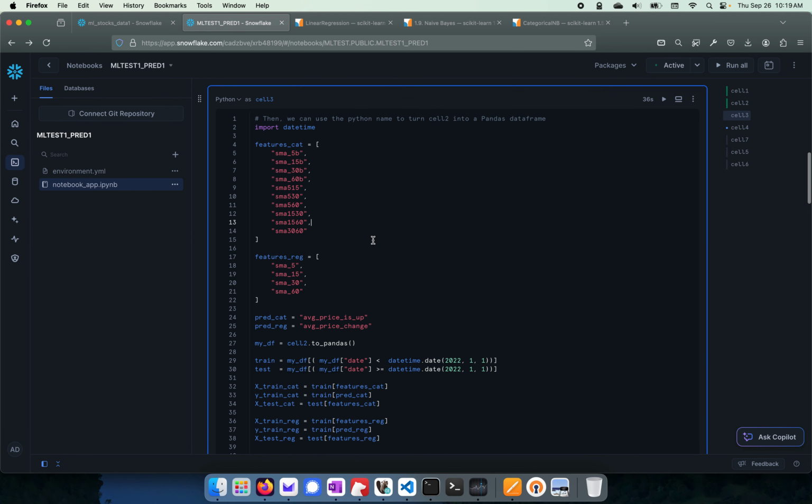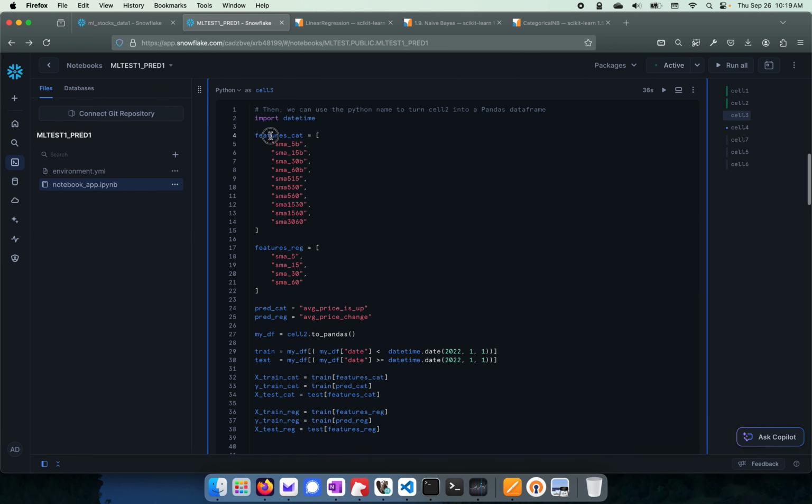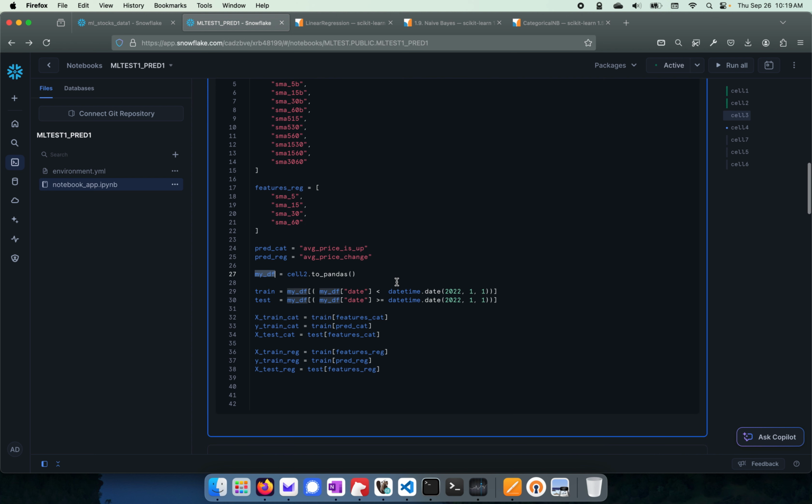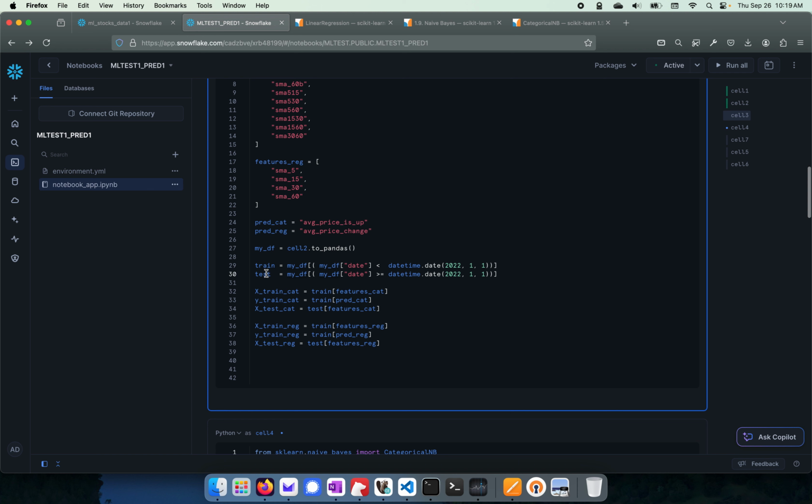So let's separate the data now. We have our categorical features and our regression features, our categorical prediction, and our regression prediction. We will load cell 2 into a pandas data frame, and we will create a training and a test subset. I will train the data on everything below 2022, and I'll try to predict everything in 2022 and above.